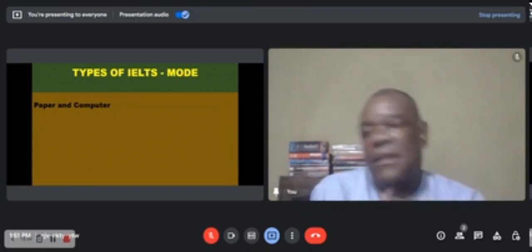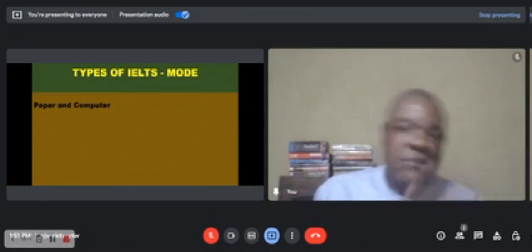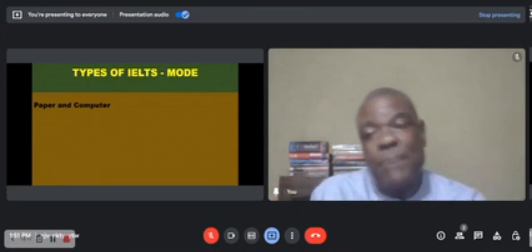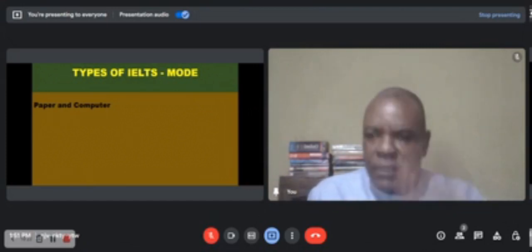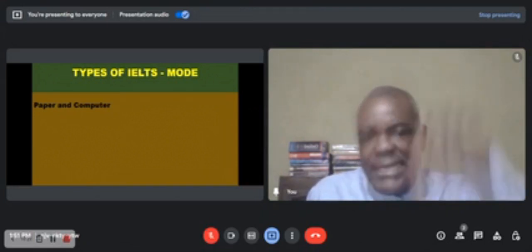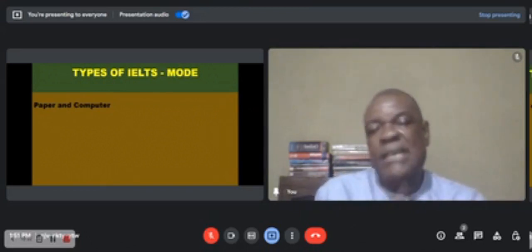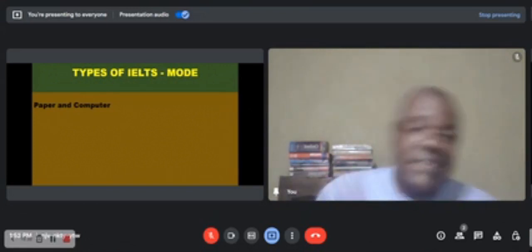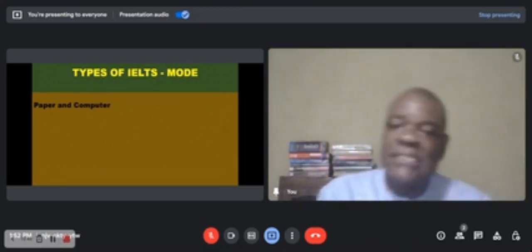The difference may probably lie in the kind of experience you get. Well, there is a difference in terms of, if you are taking the paper test, in the listening, for example, as you listen to the questions, you enter the answers into your question booklet, after which you are given 10 minutes to transfer your answers from the question paper to the answer sheets.